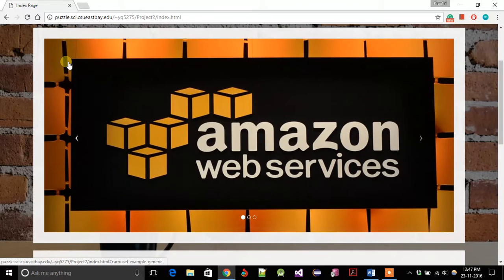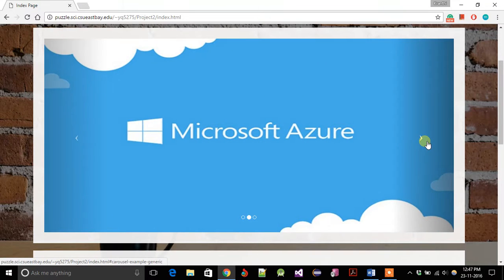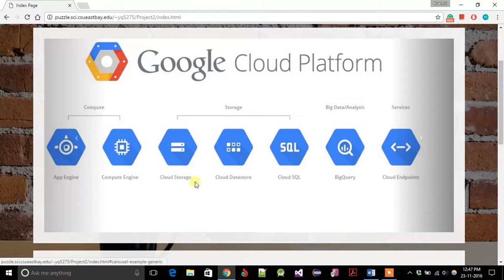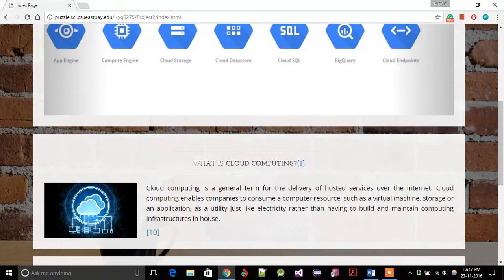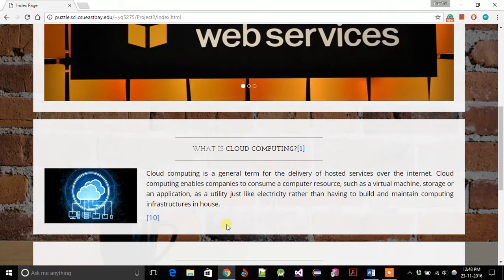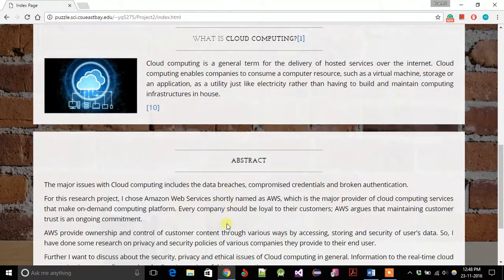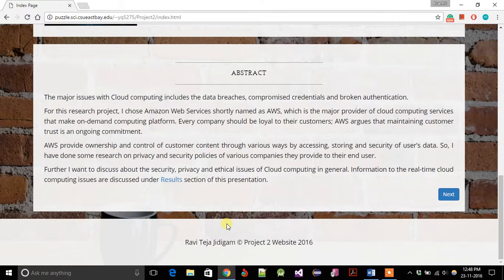These are the different service providers: Amazon Web Services, Microsoft Azure, and Google Cloud Platform. These are the major service providers, and here you can find the definition of cloud computing, and this is the abstract of the project. The major issues with cloud computing include data breaches, compromised credentials, and broken authentication.